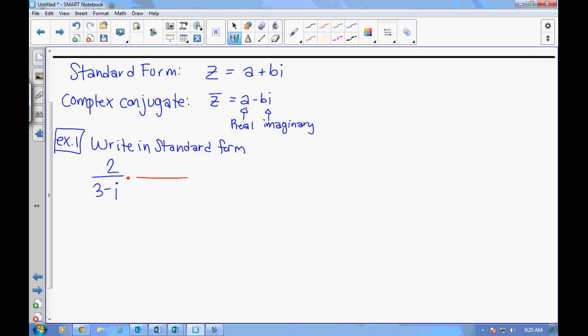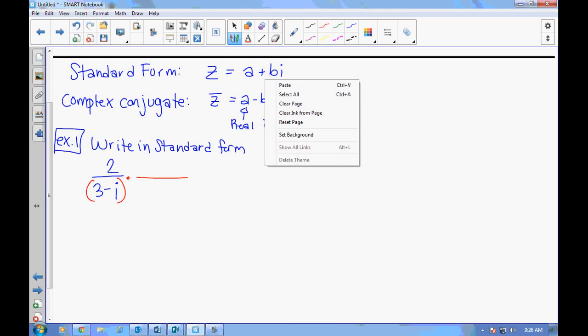Okay, the binomial, the complex number, I guess we shouldn't call it binomial, but it looks like a binomial, 3 minus i is the complex number. Aaron, what would the conjugate of 3 minus i be? So if that's the original, the conjugate just changes the sign.